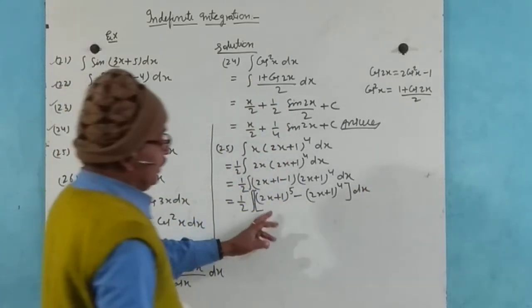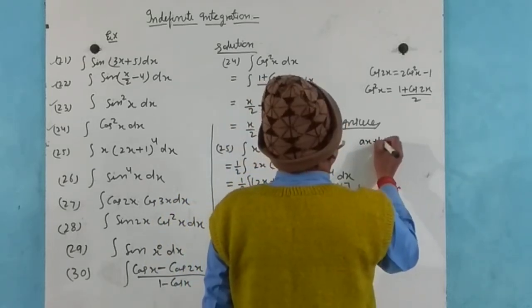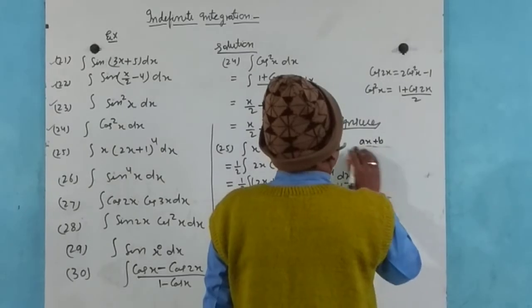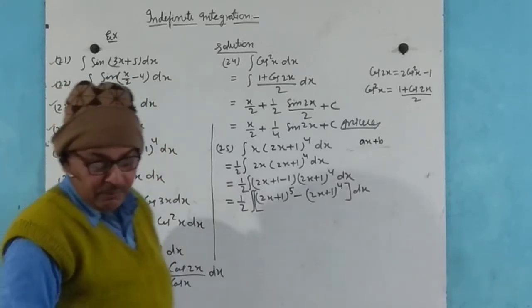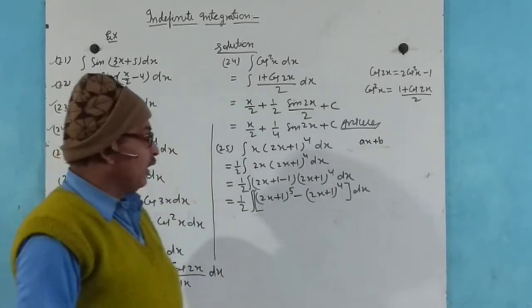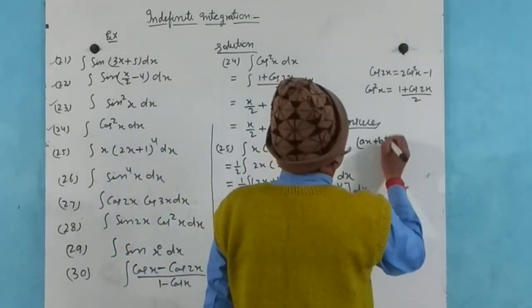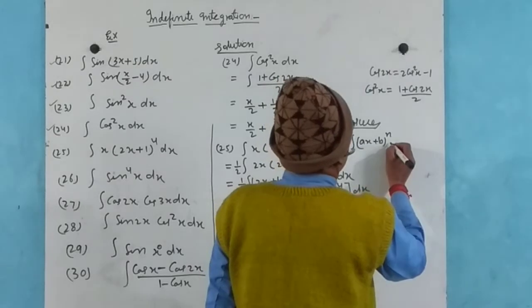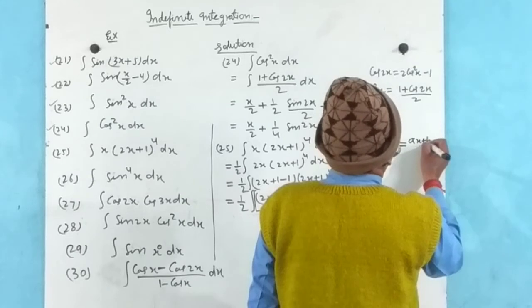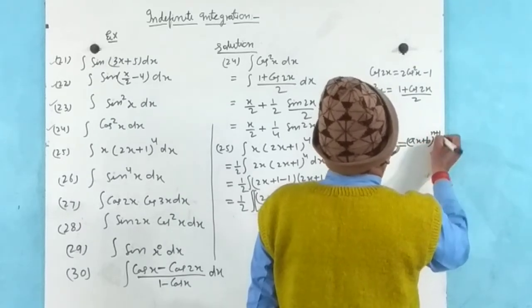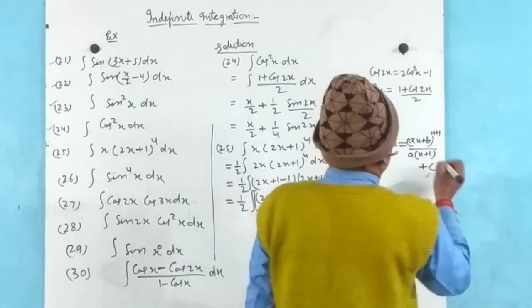Now integrating this here, as you know that (ax plus b) to the power n, integration of this is equal to (ax plus b) to the power n plus 1 divided by a(n plus 1) plus c.